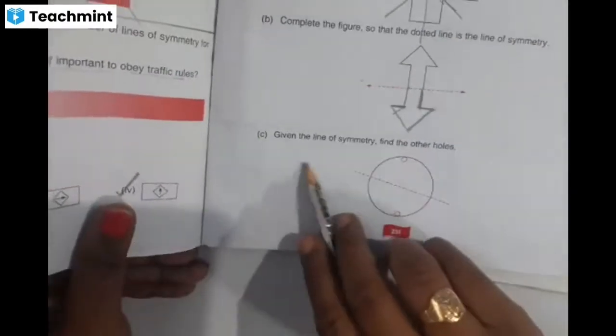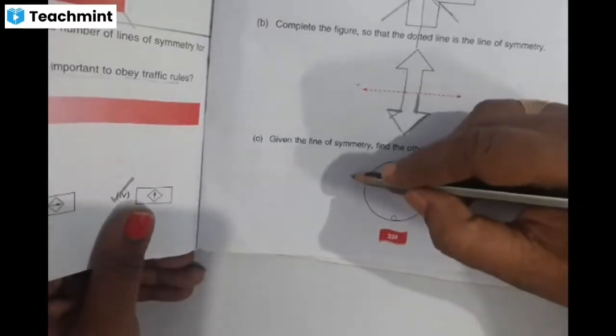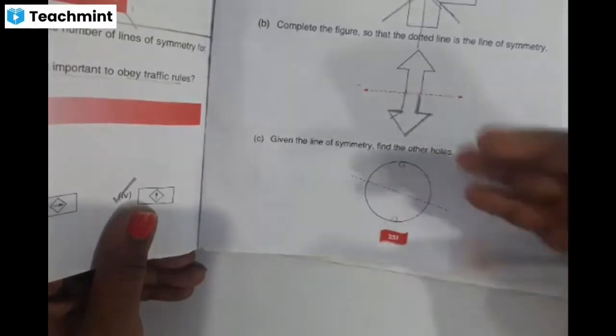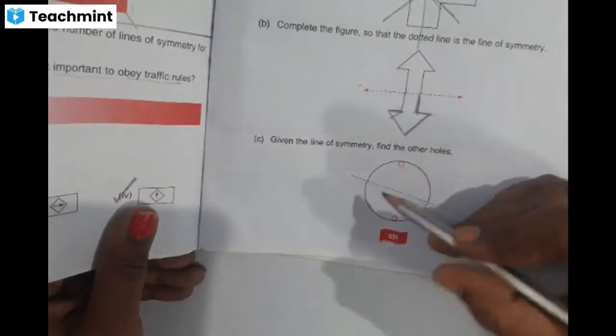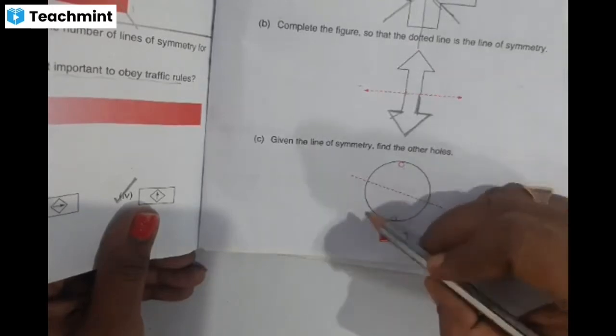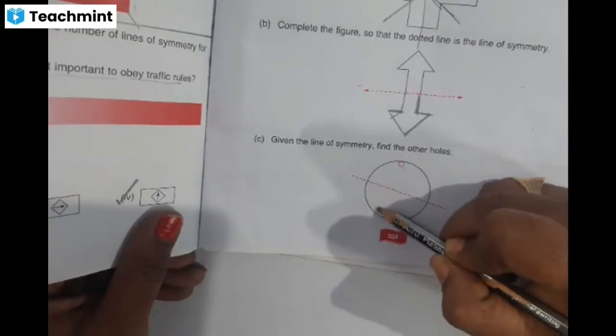Next is, given the line of symmetry, find the other holes. Here is the line of symmetry, right? If this is folded about this line of symmetry, then where this dot is going to fall we have to find out, children. So we get almost beside this one.